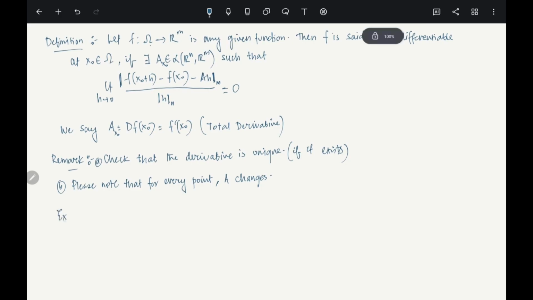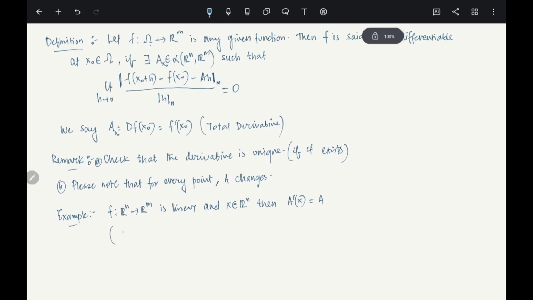So let f be a function, for now let's assume from Rn to Rm, and is linear, okay? And let x be an element in Rn. Then I want to see what is A prime at x, and essentially you can see that this is going to be A.